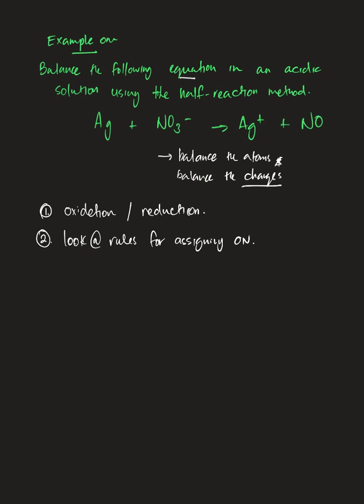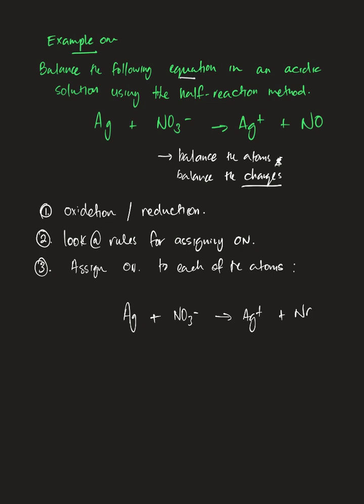Right, once we've decided about the oxidation numbers, the next thing that needs to be done is we need to look at this and assign oxidation numbers to each of the atoms. So if I'm looking here, I've got Ag + NO3⁻ gives me Ag⁺ + NO. With my Ag, it's an atom, so I've got 0.